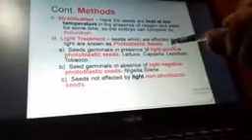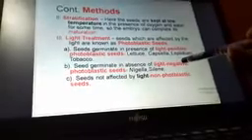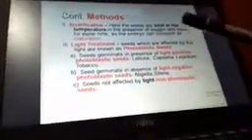Seeds that germinate in the presence of light are positively photoblastic seeds, whereas seeds that germinate in the absence of light are termed negative photoblastic seeds. Those seeds which are not affected by light are known as non-photoblastic seeds.